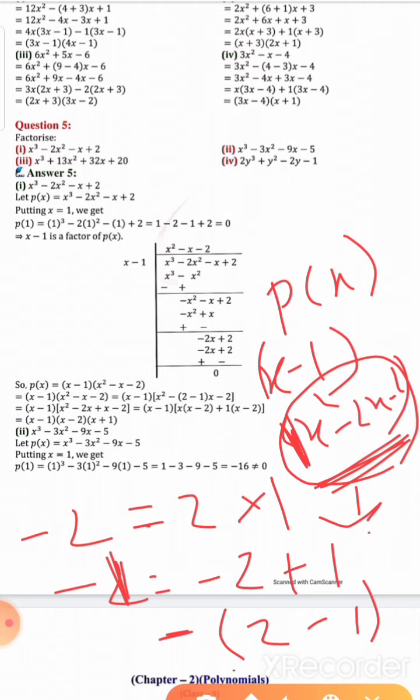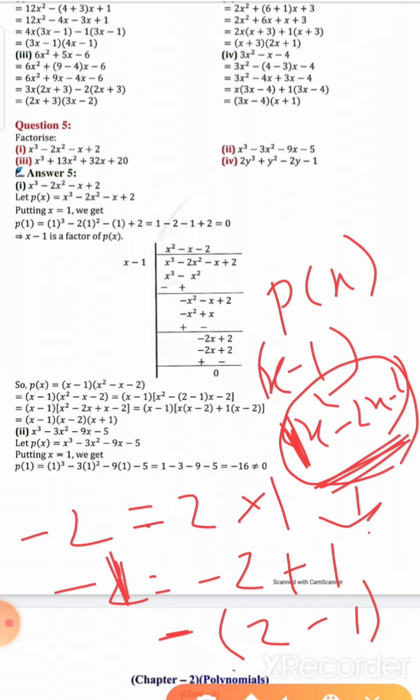So here we write the step, x minus 1 in the bracket as it is, the factor of our polynomial, and the factorization of our quadratic polynomial x square minus x minus 2 in the bracket: x square minus 2x plus x minus 2.